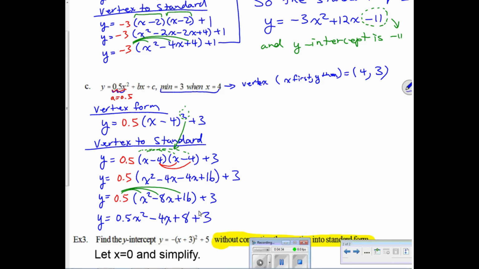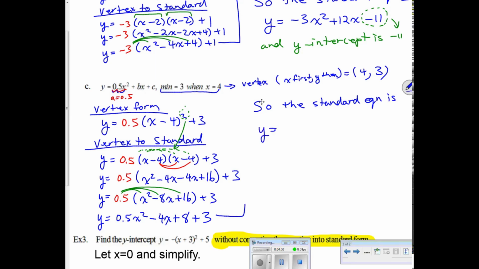Okay? All right. So now, the standard equation is this. So we're just going to write y is equal to 0.5 x squared minus 4x.